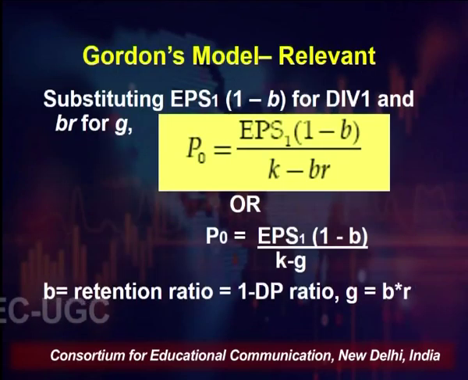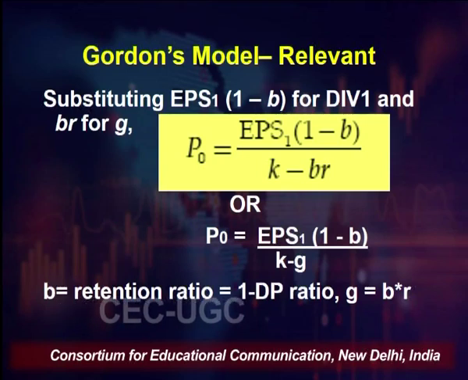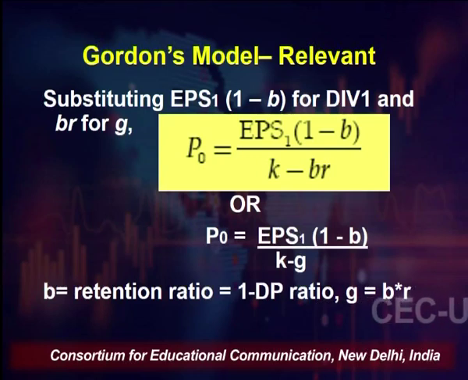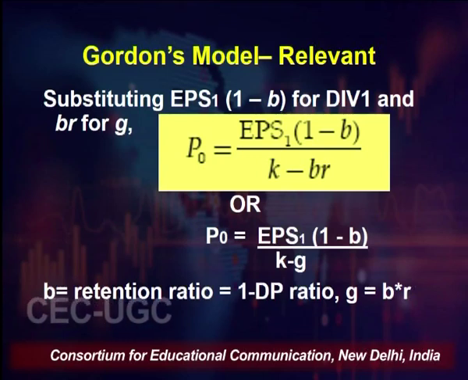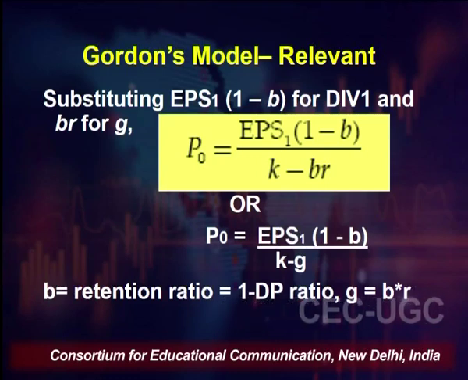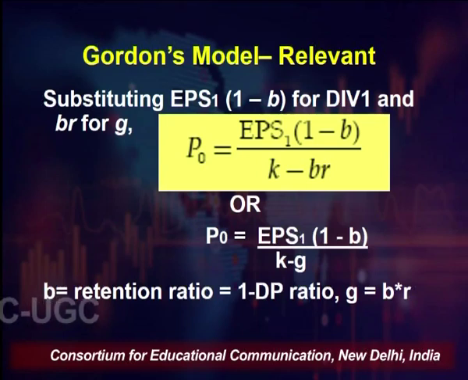By using these equations and formulas that we have discussed, we will get the formula for the Gordon model as well. By substituting EPS declared at the end of the first year multiplied by 1 minus b for DIV1, and b into r for g, we get the formula for the Gordon model.